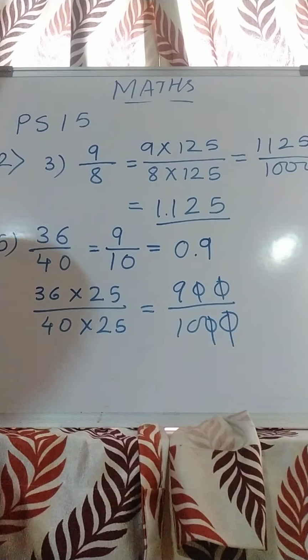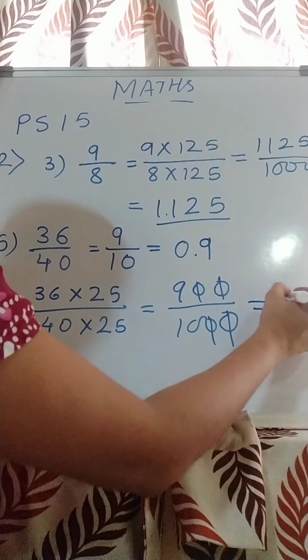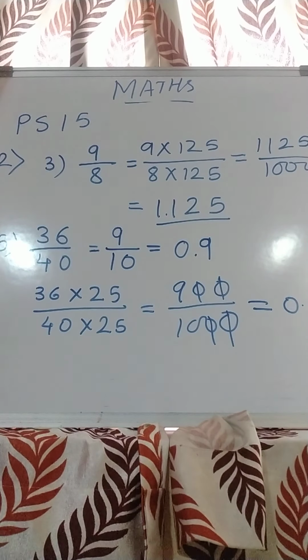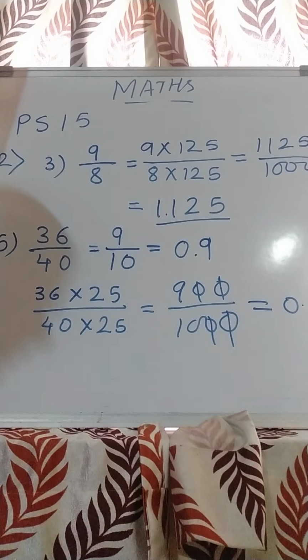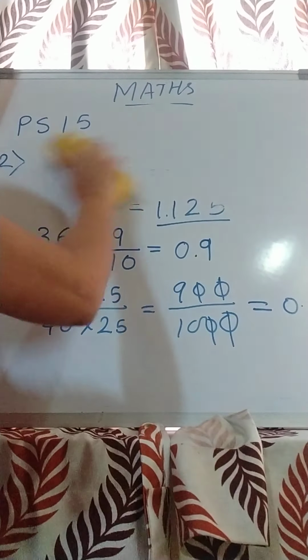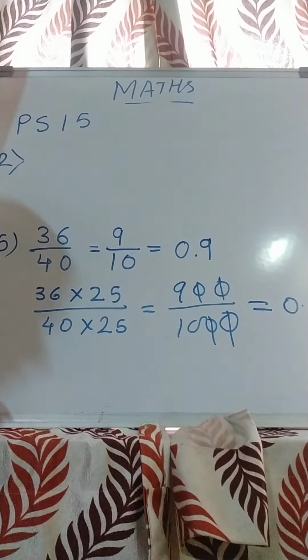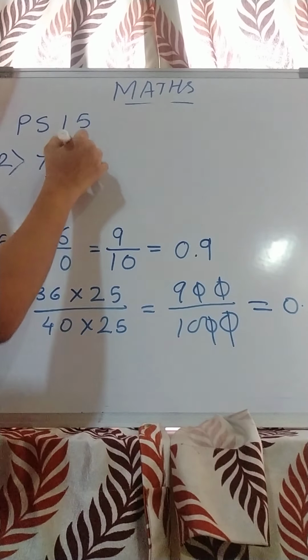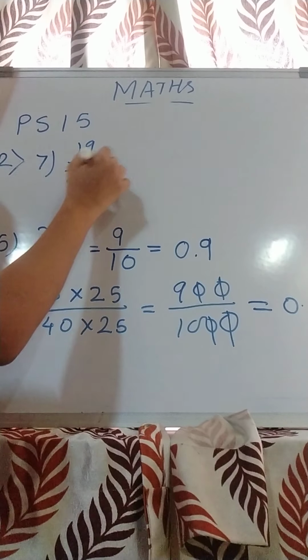Your answer is 9 upon 10, and the final answer will be the same whichever way you solve the sum. Now the seventh one is 19 upon 200.